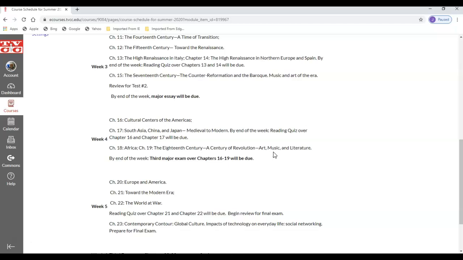And we finally get around to North and South America in chapter 16, and then we go back to China and India and Japan in chapter 17, back a little bit to Africa in chapter 18. It's not that life was not taking place in these areas, in the Western Hemisphere, in the Far East, in Africa, Sub-Sahara Africa especially.